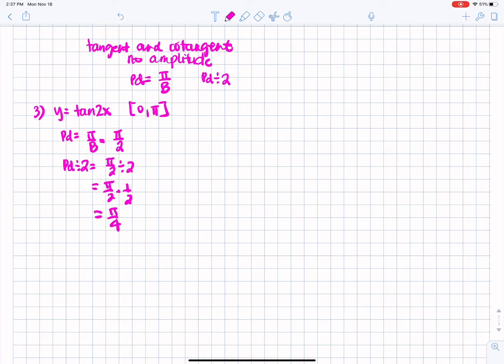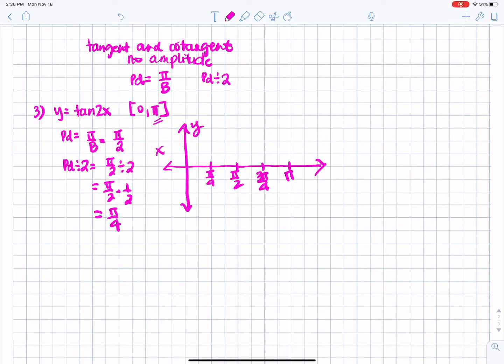So we're going to count by pi over 4. And we're going to stop at pi because we need to graph up to pi. So 1 pi over 4, 2 pi over 4, 3 pi over 4, 4 pi over 4 is pi. We're going to stop at pi.